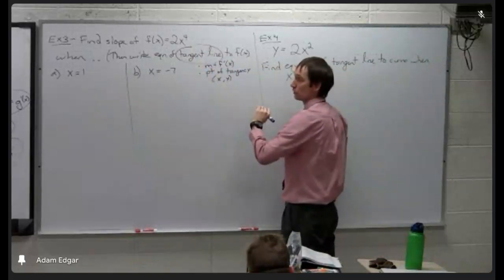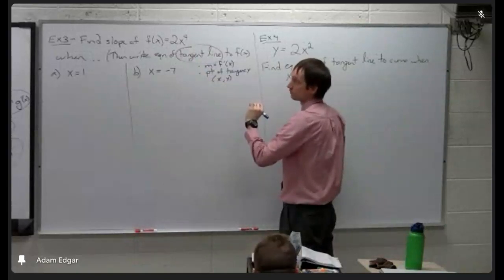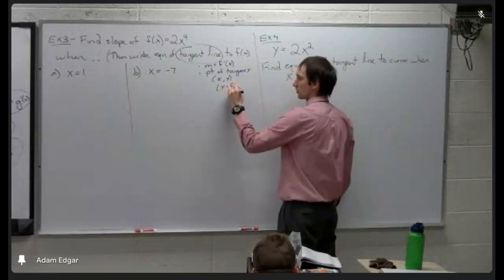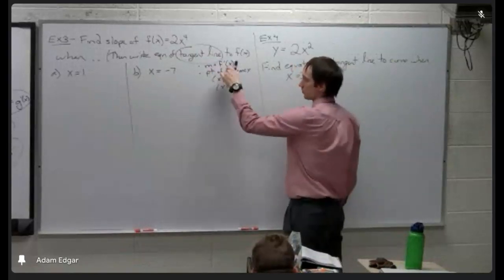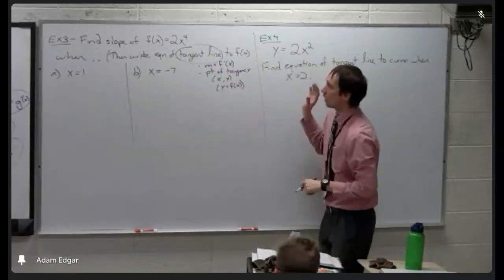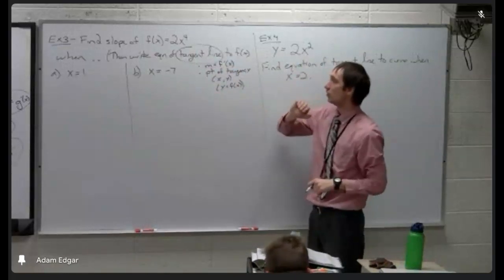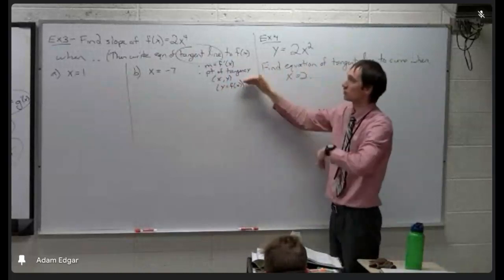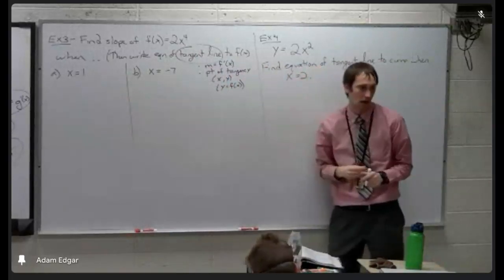Who can tell you what your y value will be? F of x. So remember, y equals f of x. Just like m equals f prime of x. So go ahead and for a, now find out the slope and then use that, find your point of tangency with the function, and then write the equation of your tangent line.